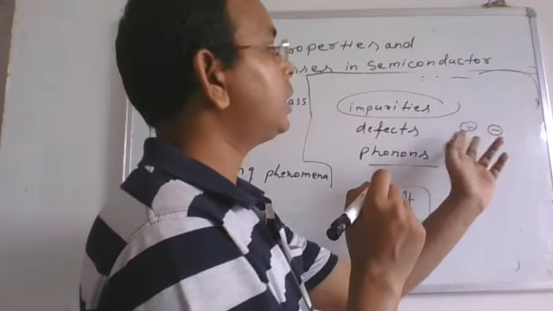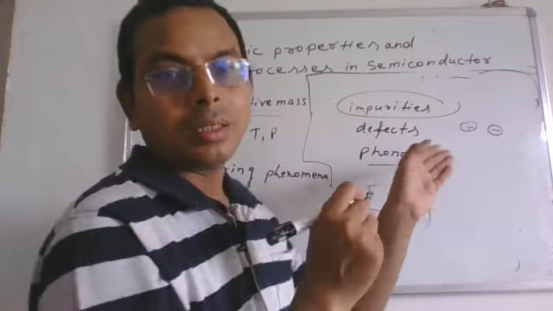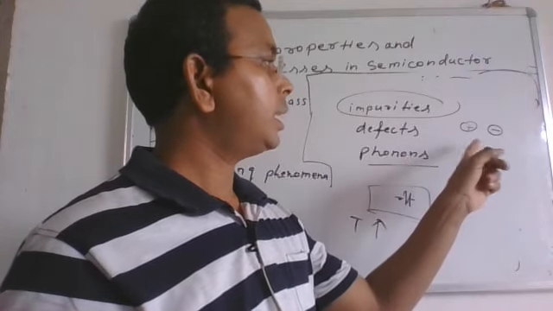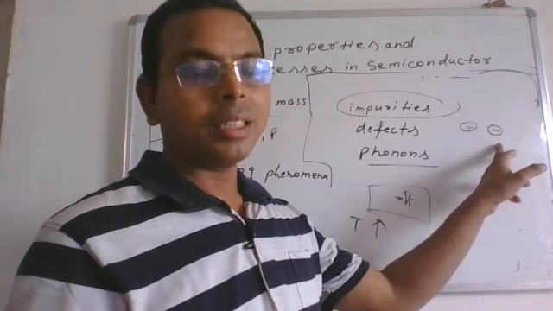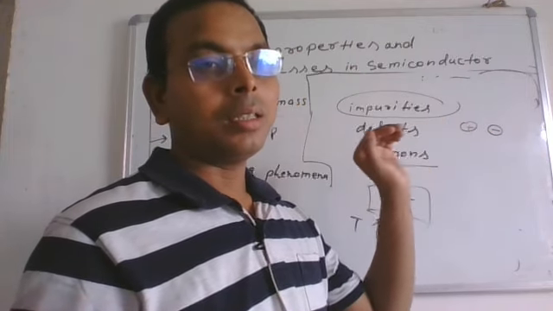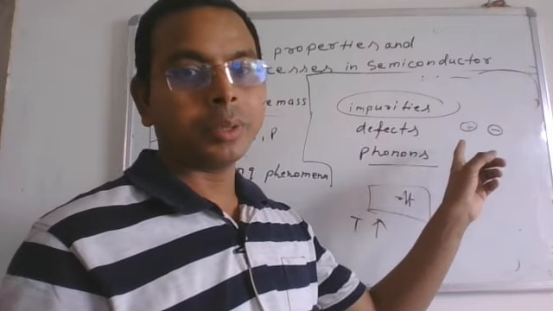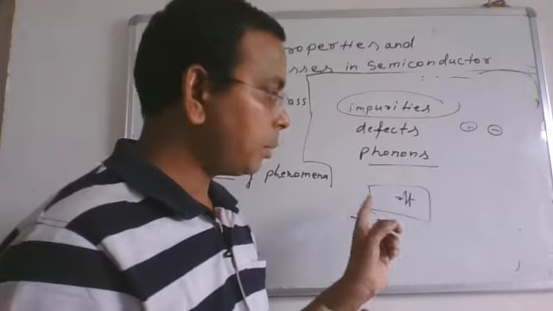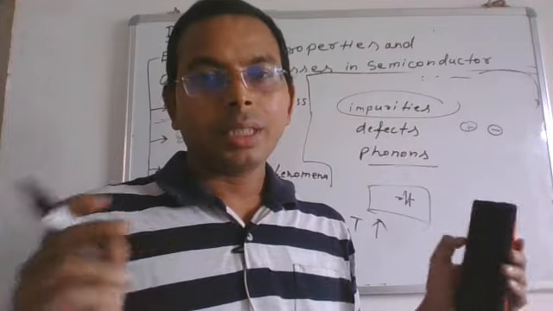In these two cases also, when carriers are conducting from one side to another, they get heated by these, and some energy is lost to these impurities. This is called impurity scattering.